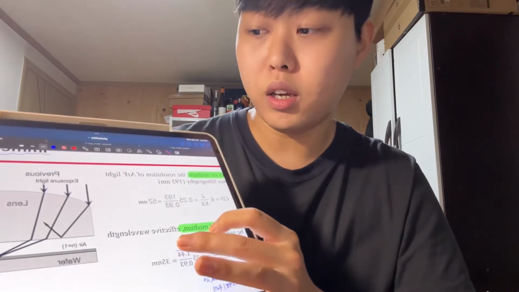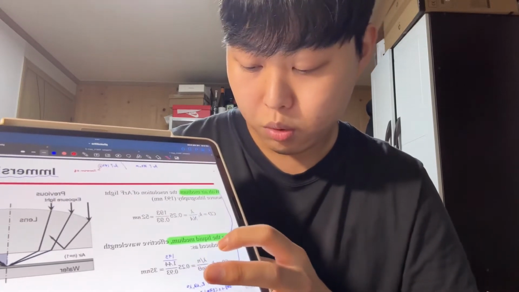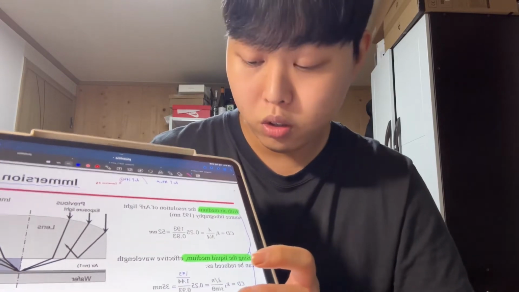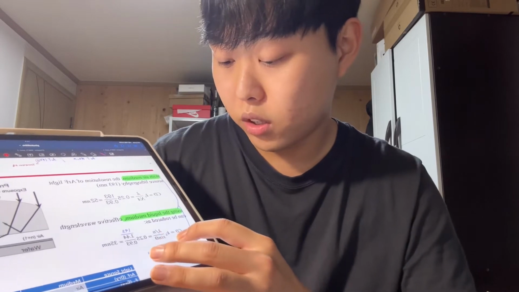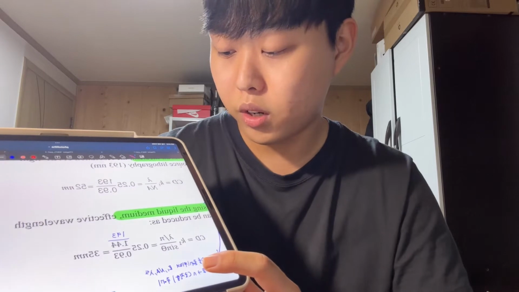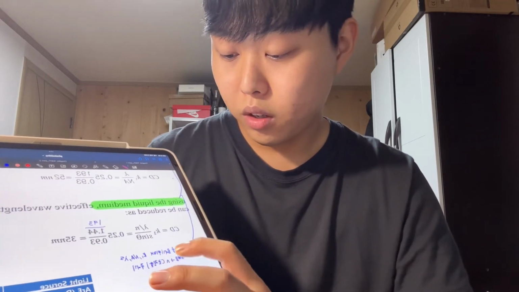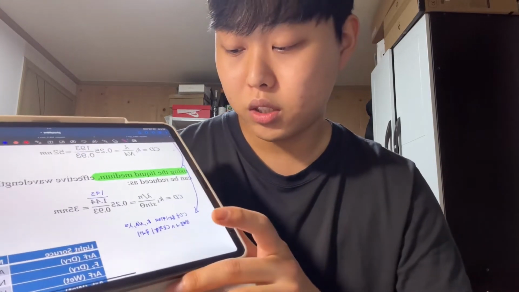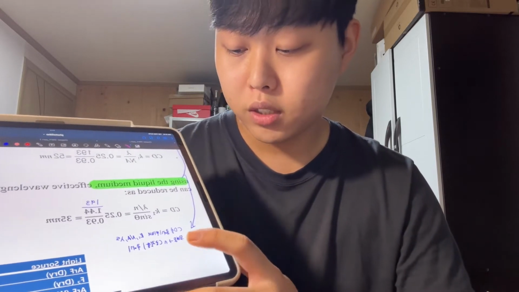So I want to introduce you to immersion lithography. We made every parameter as small or large as possible to make the CD value small. However, there is one more thing that we can change to make the CD value small. CD equals K1 lambda over NA, as I talked about before, the Rayleigh equation. If we solve the equation, CD equals K1 lambda over n sine theta.